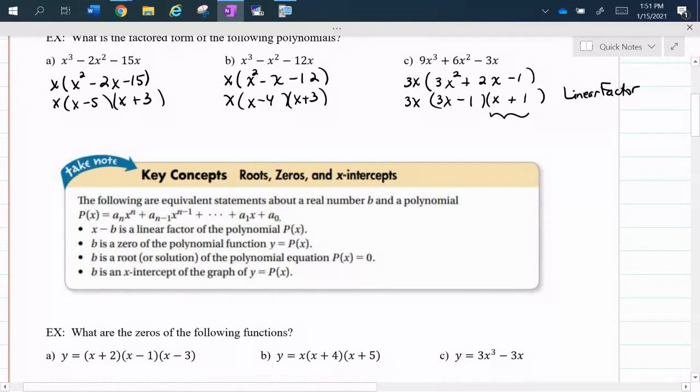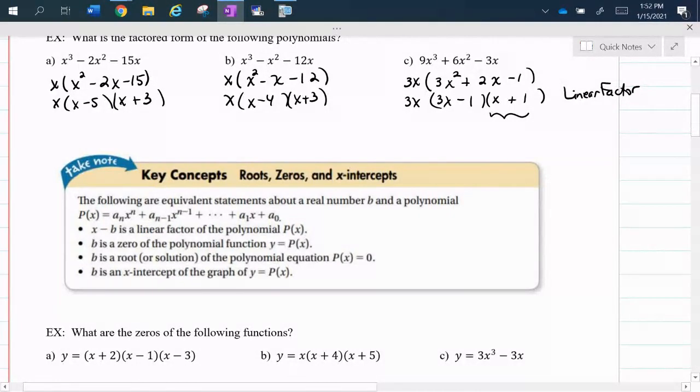So this little box here is giving us the relationship between the linear factor of the polynomial, x minus something or x plus something, and how if x minus b is the factor, then b is the zero of the polynomial function. It is also the root or the solution of the equation, and it is also the x-intercept.